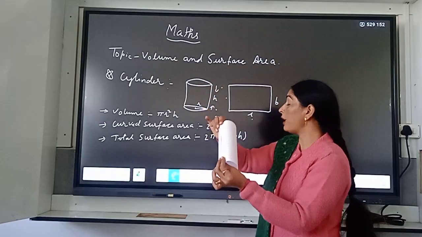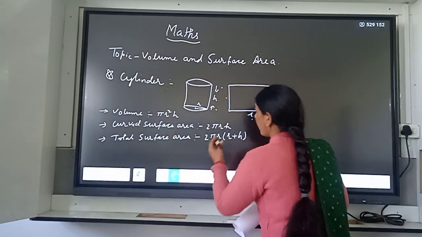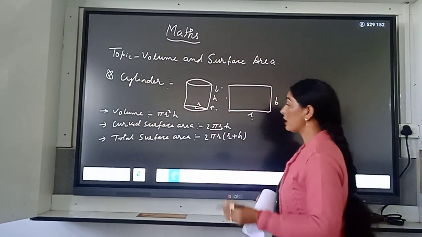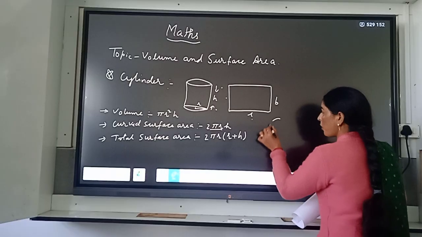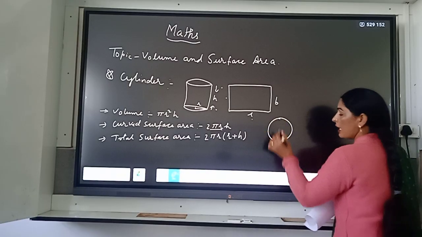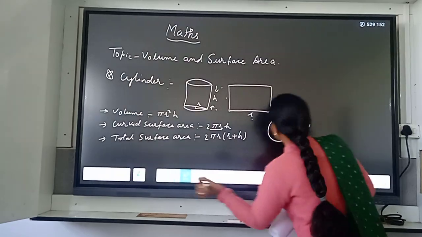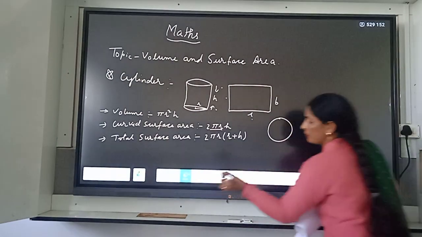So what is that? 2 pi r into h, where 2 pi r is the circumference of the circle. Suppose there is a circle, and what is the circumference? Around length. And its circumference area formula, circumference.